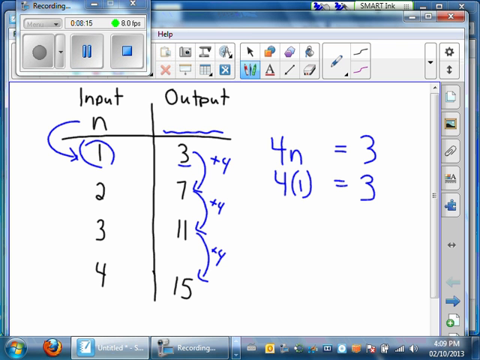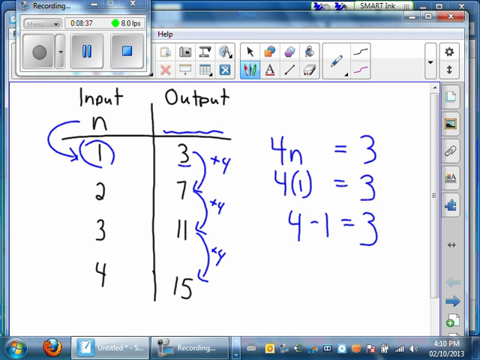Well, 4 times 1 is 4. And that doesn't equal 3, but I have to ask myself, how can I possibly make this statement a true statement? Well, all I have to do in order to make this actually equal 3 is to take away 1. So if I go 4 minus 1 equals 3.